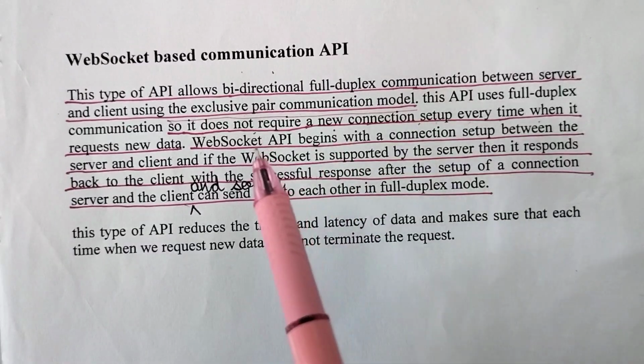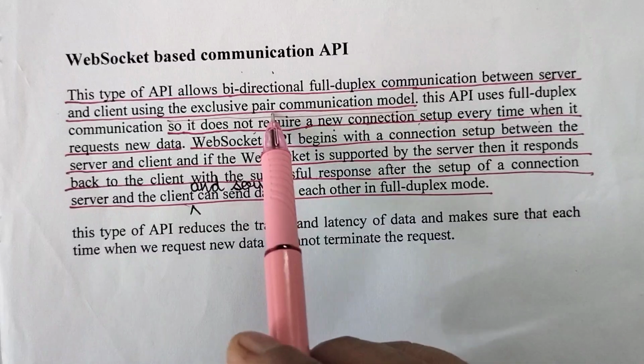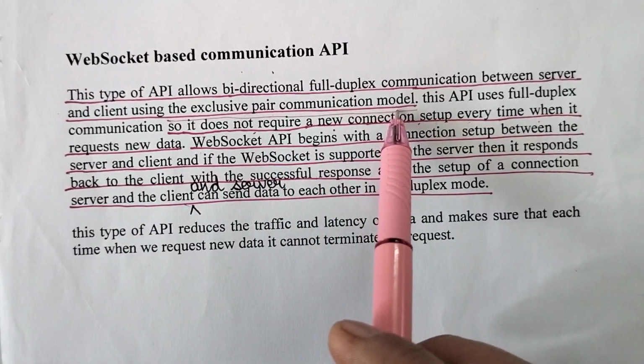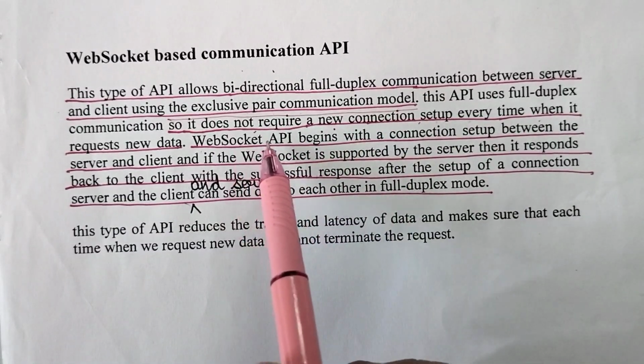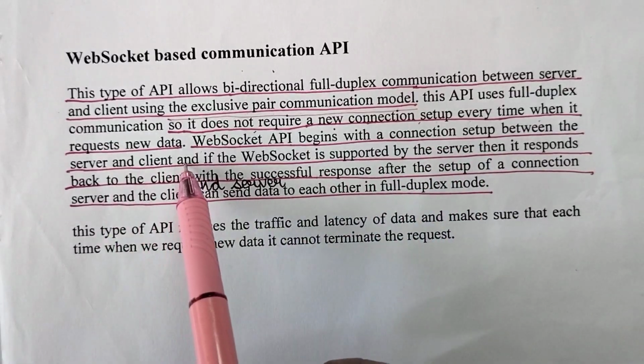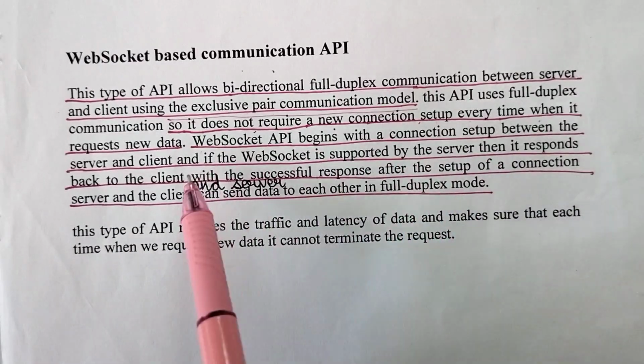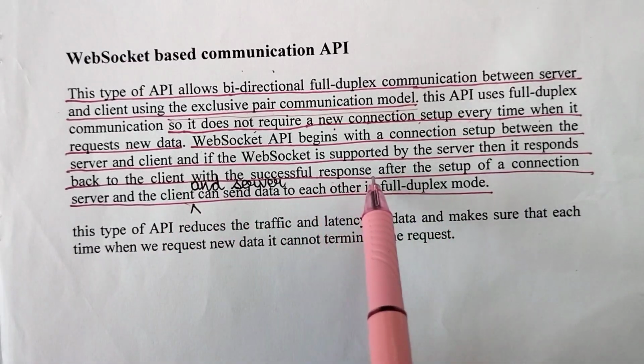So, this is what is being done in a WebSocket based communication API, since it is following the exclusive pair communication model. The WebSocket API begins with the connection setup between the server and the client, and if the WebSocket is supported by the server, that means the server gives a positive response, then it responds back to the client with a successful response after the setup of the connection.